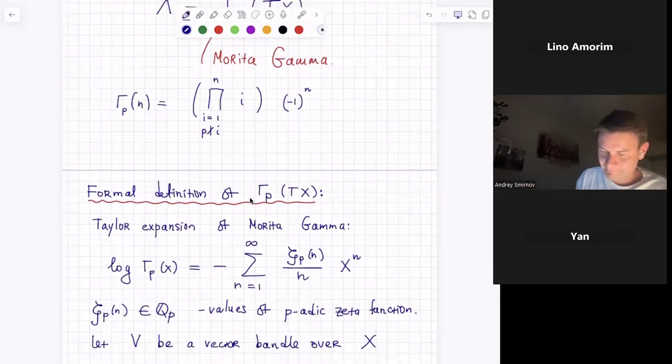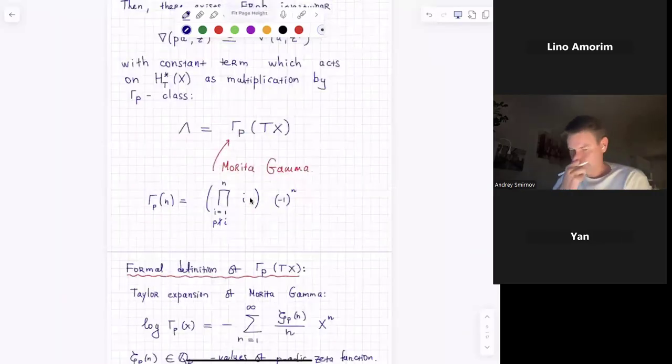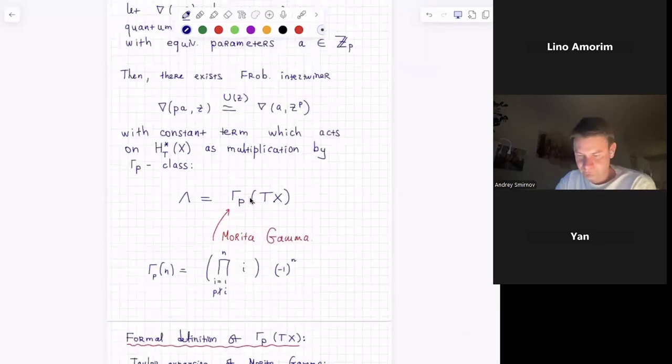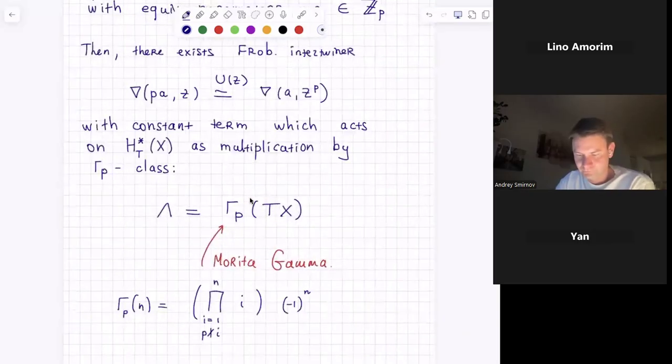So in this, there is nothing integer a priori in this quantum differential equation. And for some strange reason, your p has to be a prime number in order for this intertwiner to exist. If I take it non-prime, what happens? That's a good question.